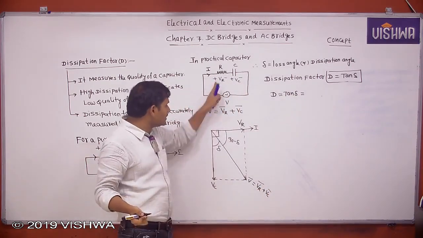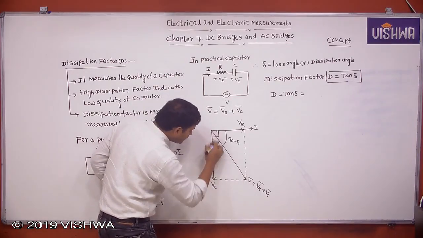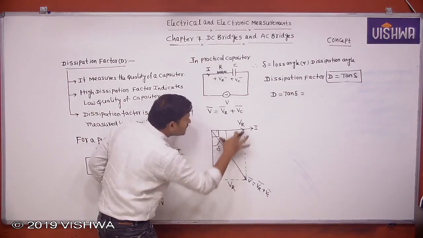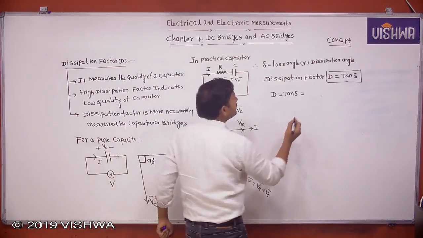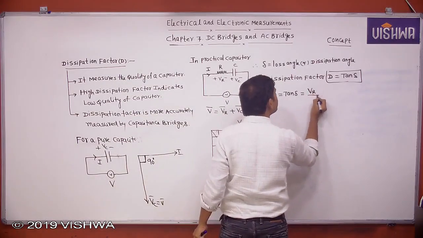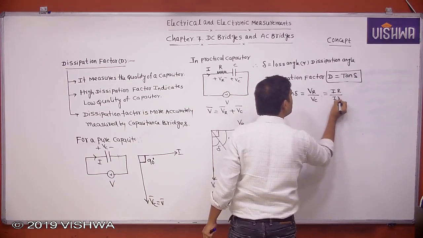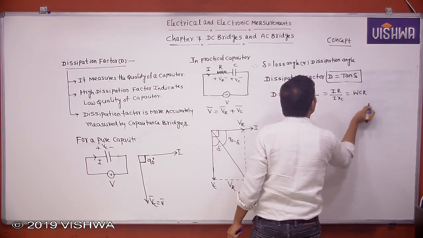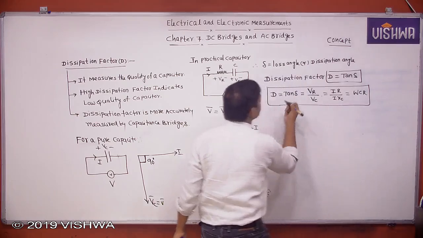It is a series RC circuit now. This vector is VC. What about this vector VR? Now I want to define tan delta. Tan delta equals VR by VC. How to write VR? I into R. How to write VC? I into XC. So tan delta equals omega CR. Therefore, this is the dissipation factor for a series RC circuit.